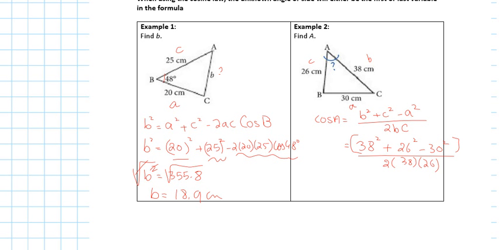Find the answer for the top for me. I can't, there's too many people talking. Deanna. 1,220? I just want to look at the top. What did you get for the top? 1072?